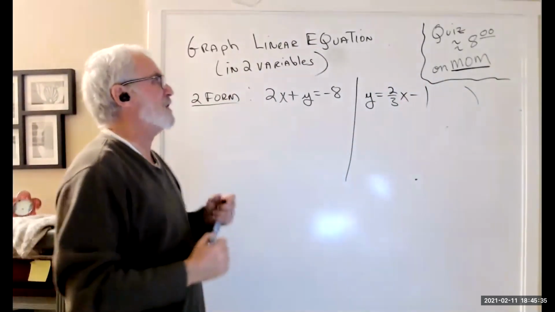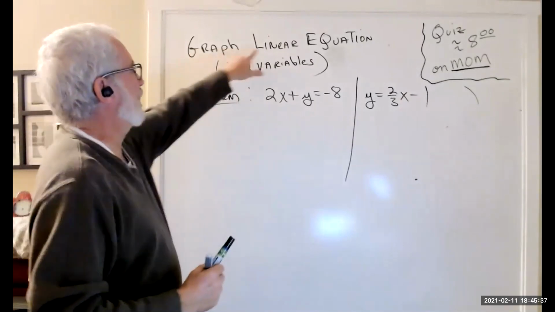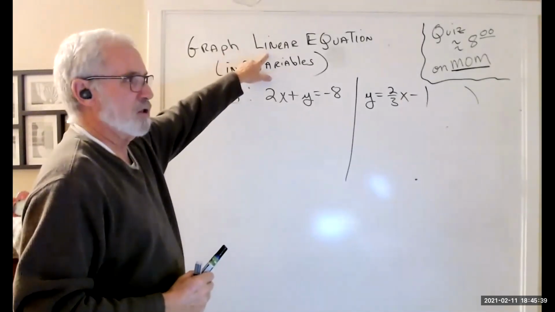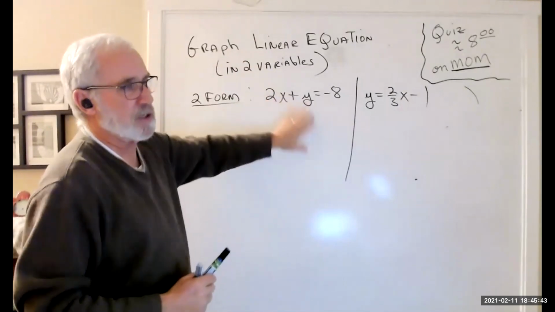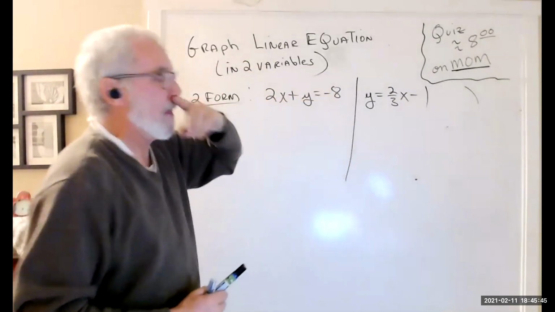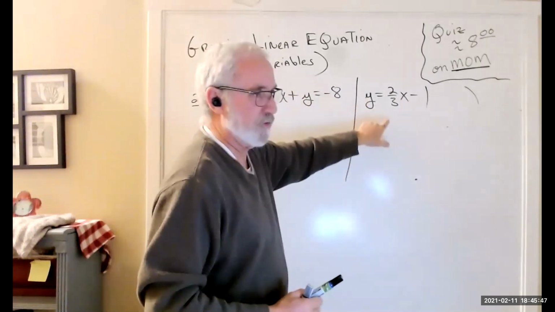Those are the two basic ways that we look at linear equations. Either we have x plus y equals a number, or we have y by itself.